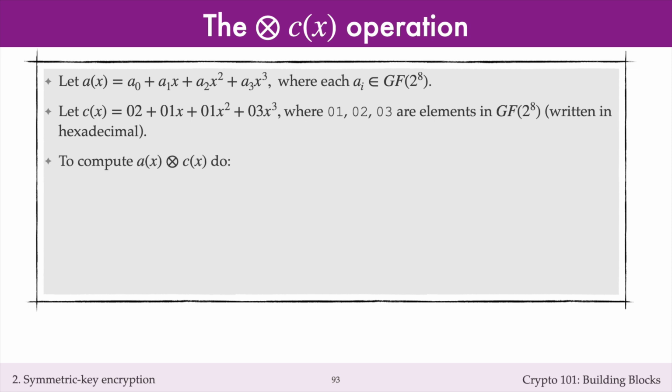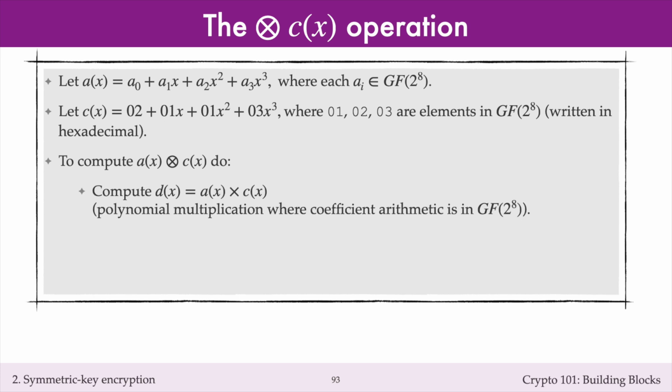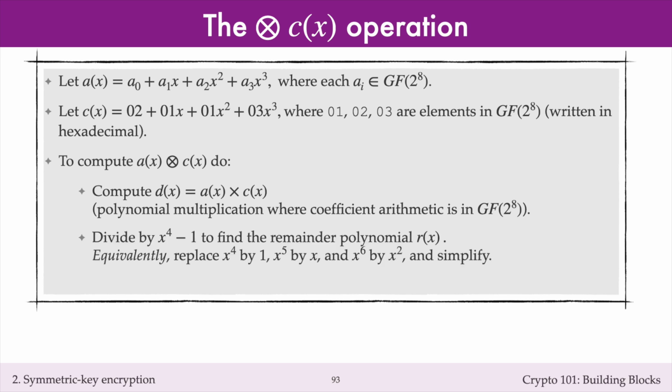To compute this product of a(x) and c(x), we'll first compute the polynomial product of a(x) and c(x). Let's call this result d(x). We then divide d(x) by x^4 - 1 and get the remainder polynomial r(x). This division can be performed as follows.